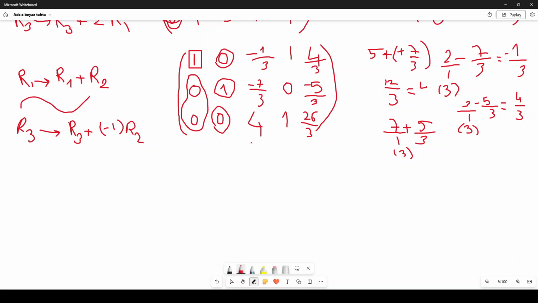The only thing left to complete the Gauss-Jordan elimination method is the next pivot element, which is 4 in the third row. So you see, we have 4 here.